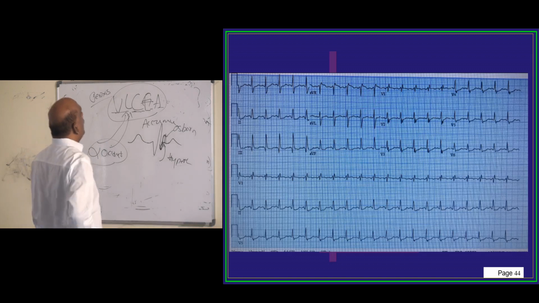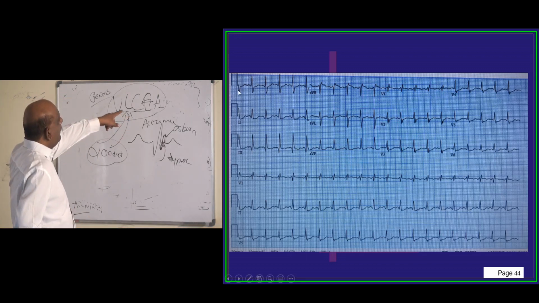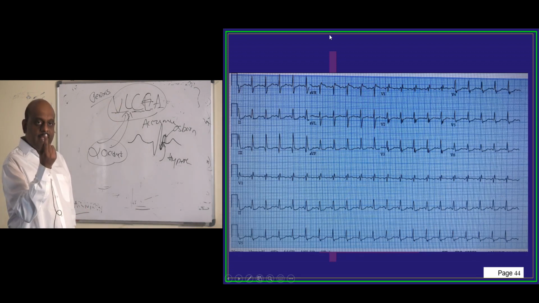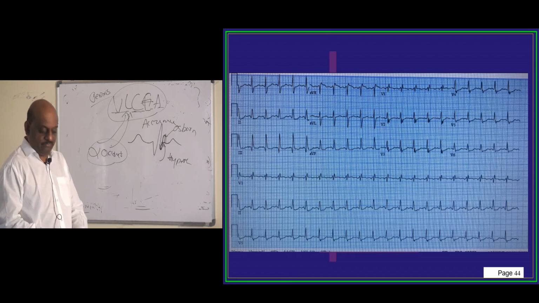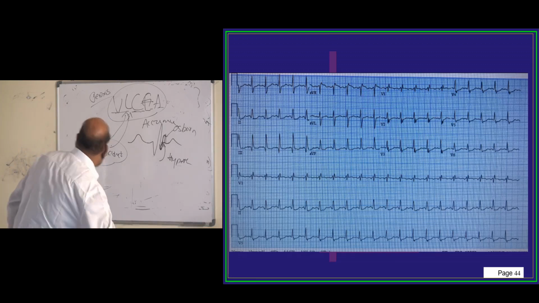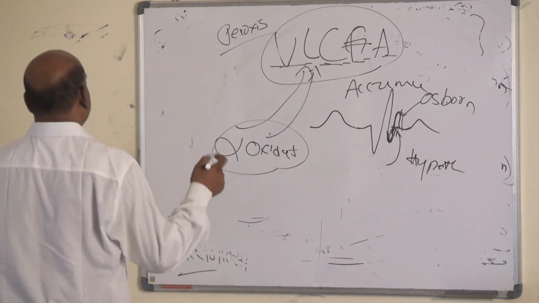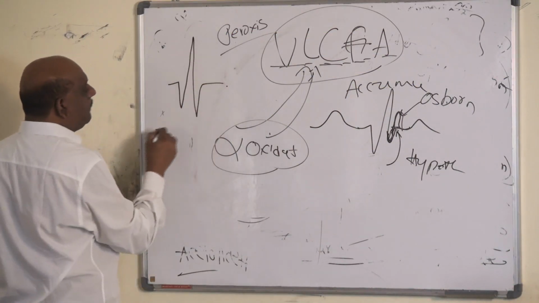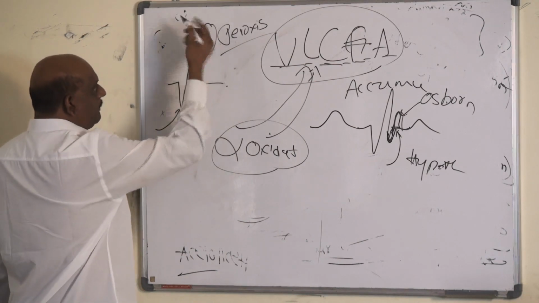So in lead 1 there is an S wave. How do you identify S1? S wave? Q means any negative wave before the positive R wave. You should be very clear on the terminology, doctor. So this is the QRS complex. Any positive wave is called R wave.